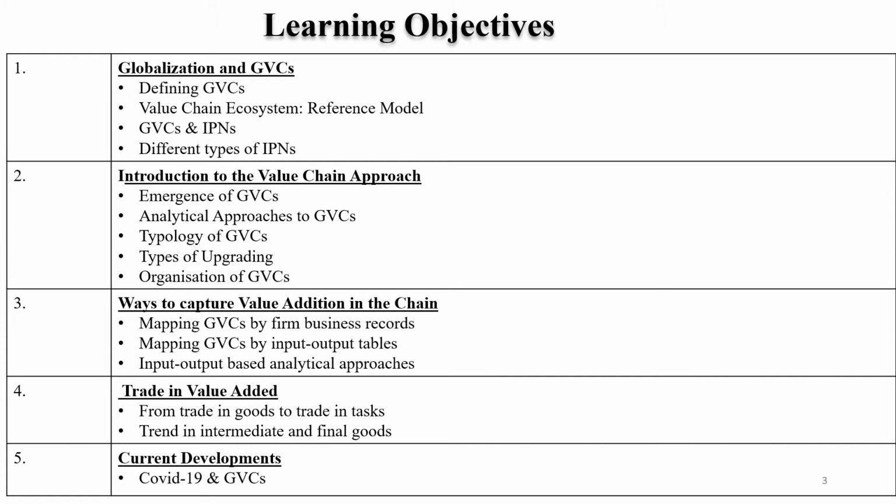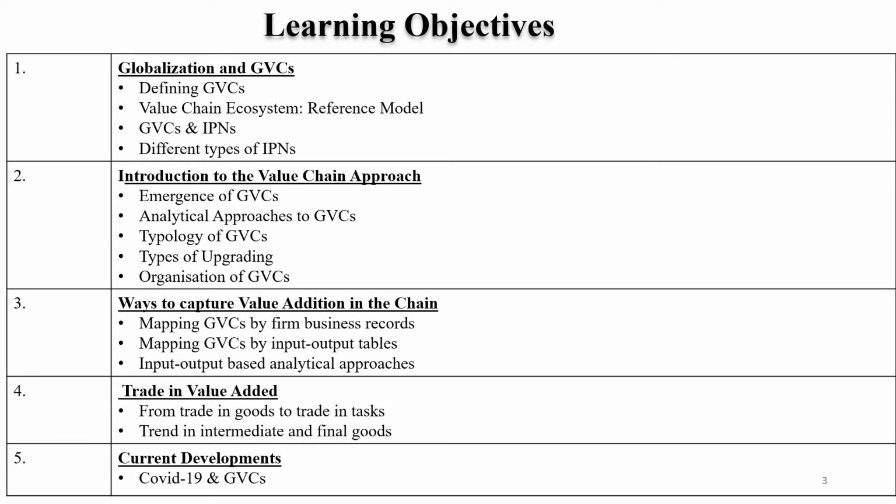So the lecture is divided into 5 parts. We'll start with the understanding of globalization and its relation with GVC. Different types of GVCs will be discussed in this section.